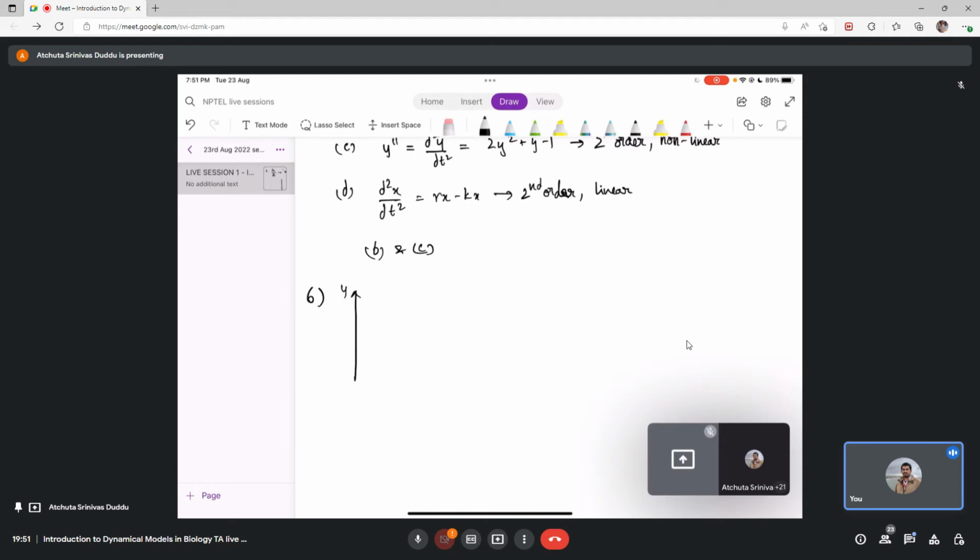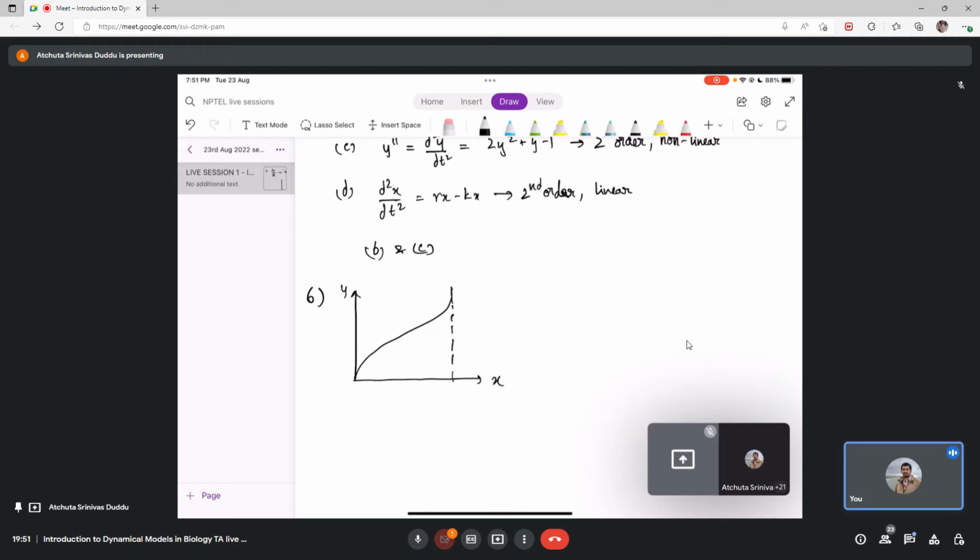They have given us a graph here of y versus x, something like this. Now they've asked us: the solution of one of the ODEs below is plotted here.